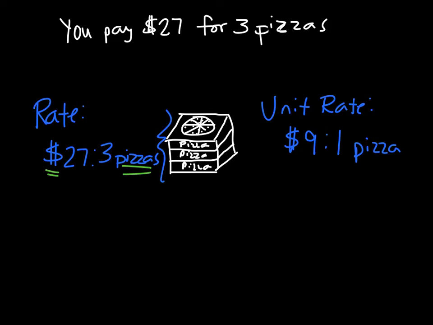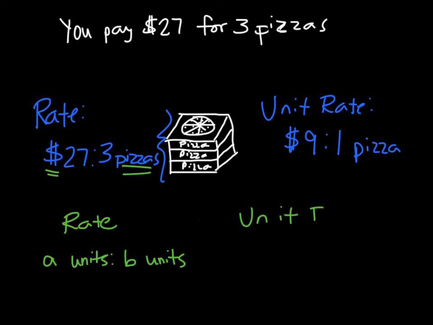And the algebra behind it is, for my rate, it would look like A units to B units. My unit rate, to figure that out, all I did was A units divided by B units, and that's going to equal 1 unit.